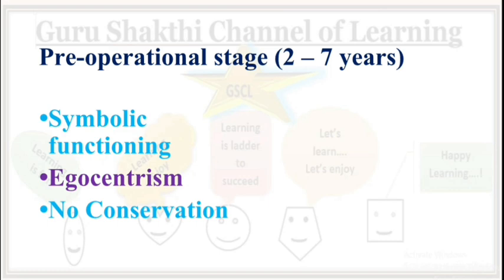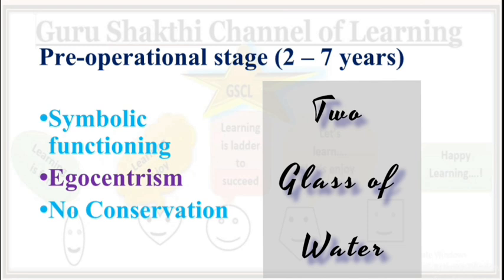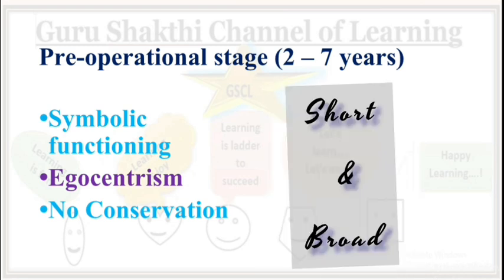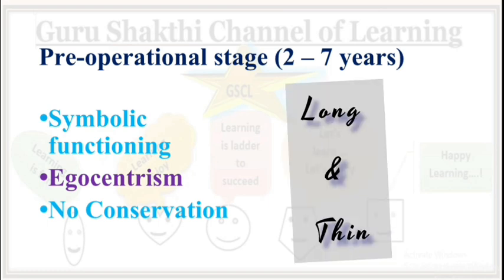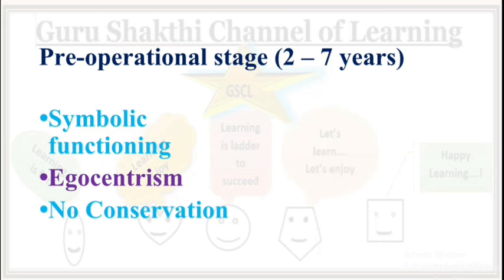No conservation. The child's decision at this stage depends more on appearance than on logic. This is explained through the simple experiment wherein there had been kept two glasses, first one being the short and broad, and the second one long and thin.